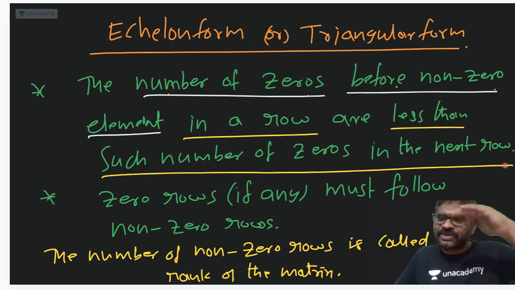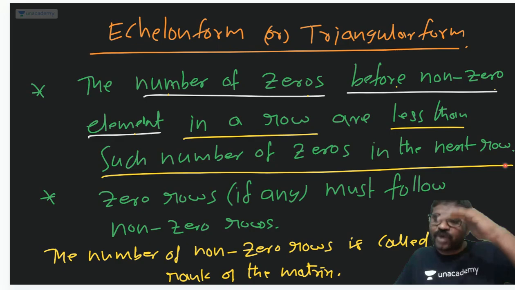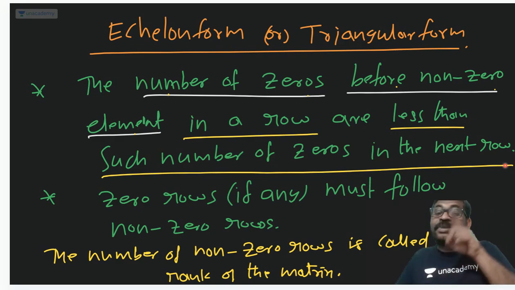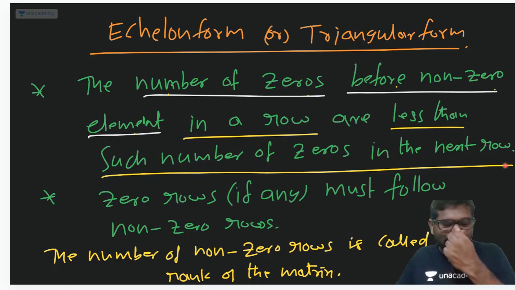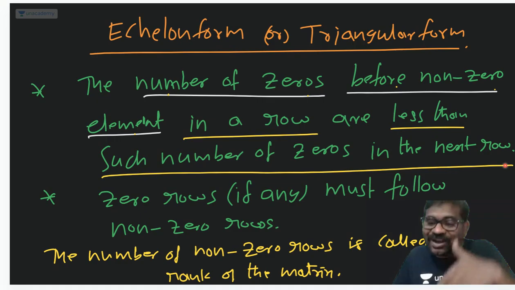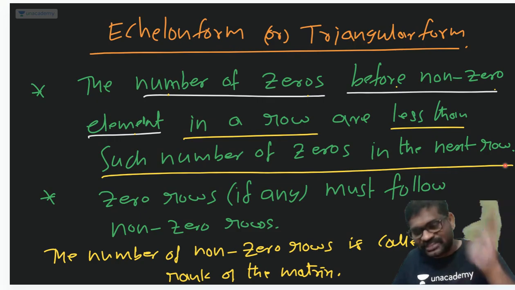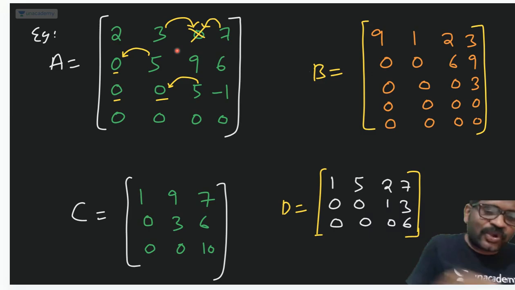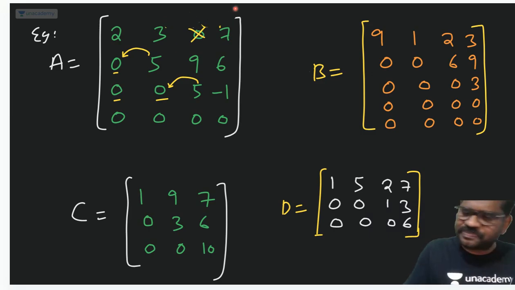Means whenever you are moving from R1 to R2, R2 to R3, R3 to R4, previous row should consist lesser number of zeros than present row. Sir, simply we can say number of zeros before non-zero element should be in ascending order. Yes, ascending order. First row, there is no zero before non-zero element.